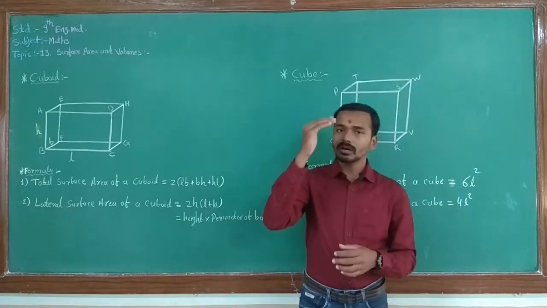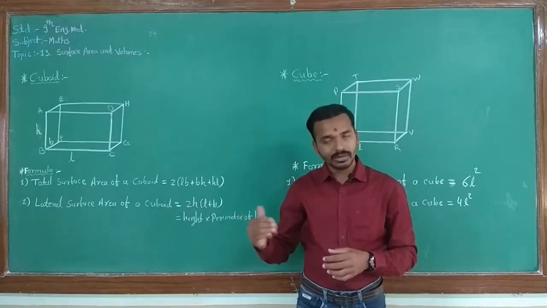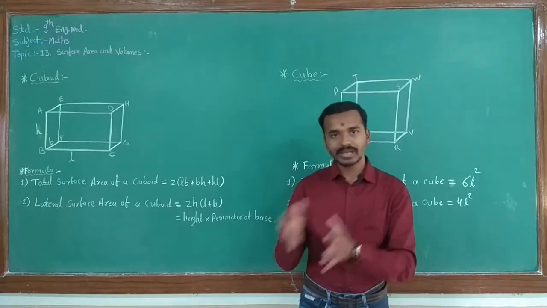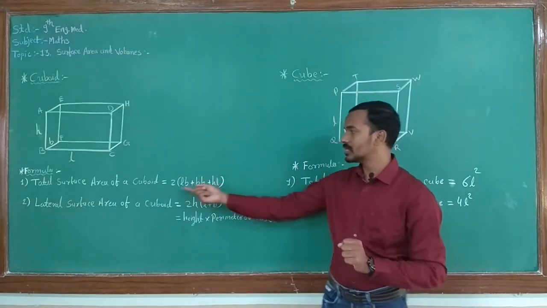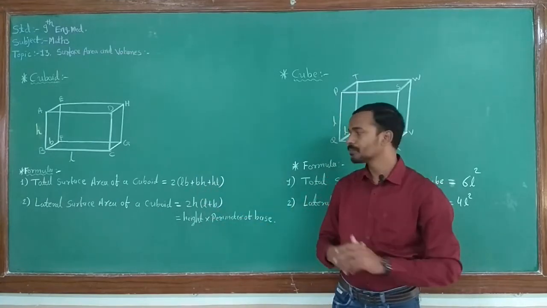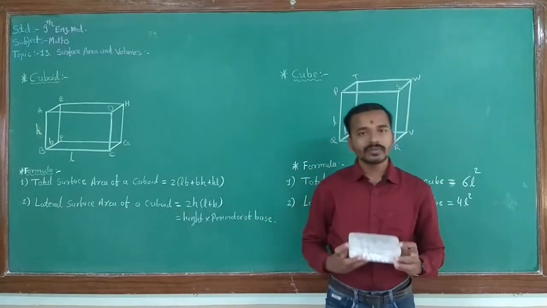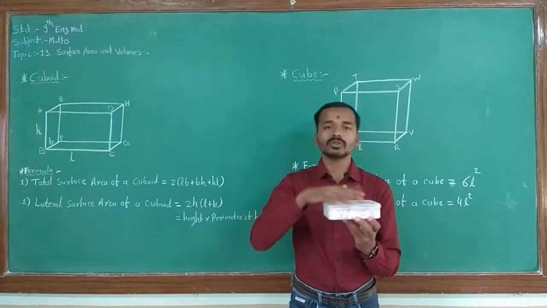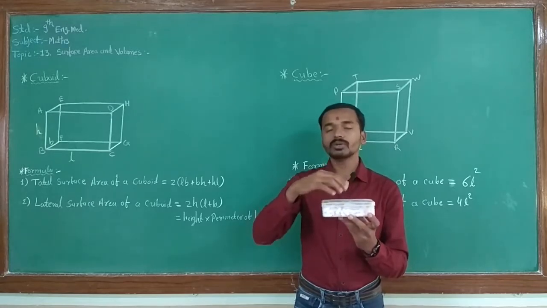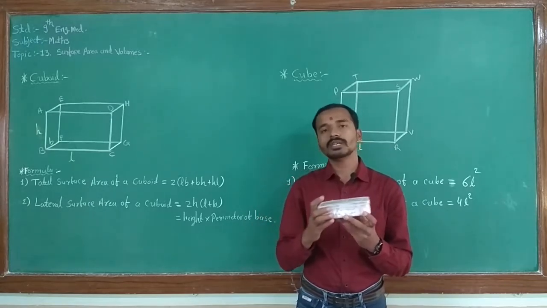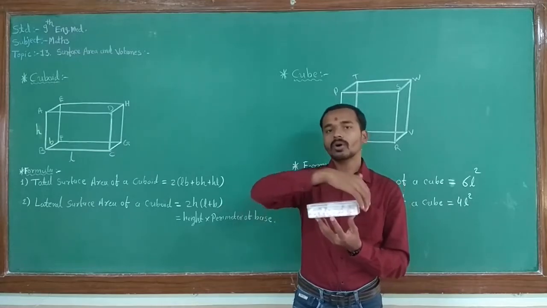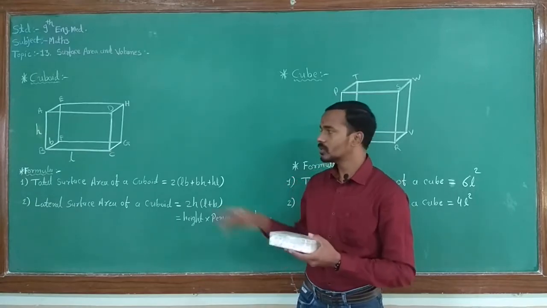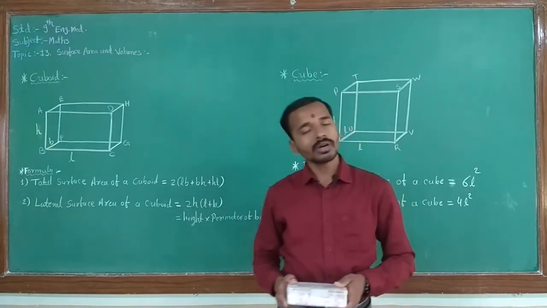They have given the area of all 6 rectangular sides, and by adding the total of all 6 sides, the final formula comes as 2 into (LB plus BH plus HL). So the total surface area of a cuboid means the area of all 6 rectangular sides of the cuboid.